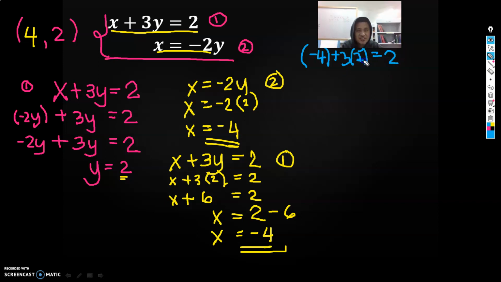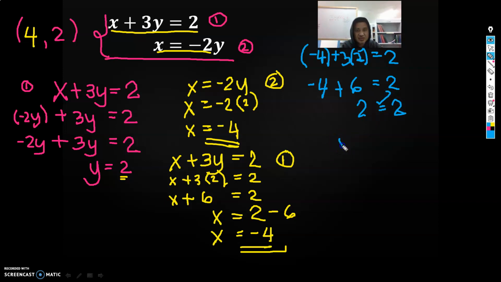Pasensya nyo na yung sulat ko ha. Medyo hindi kagandahan. So negative 4, 3 times 2 is 6, equals 2. So negative 4 plus 6 is 2 equals 2. Okay, so equal siya.